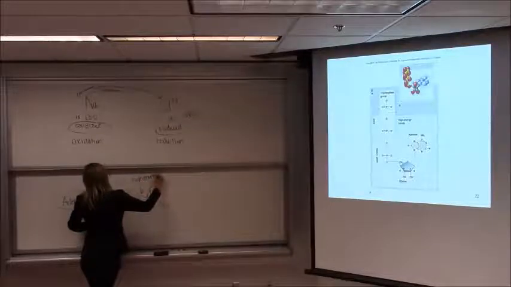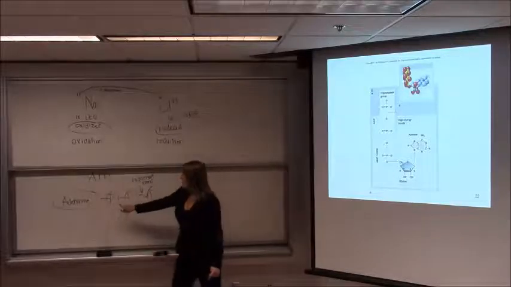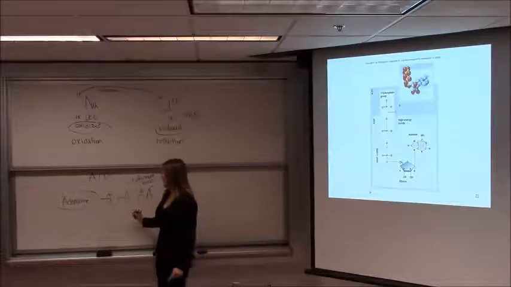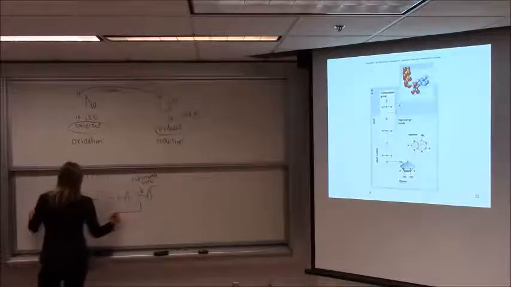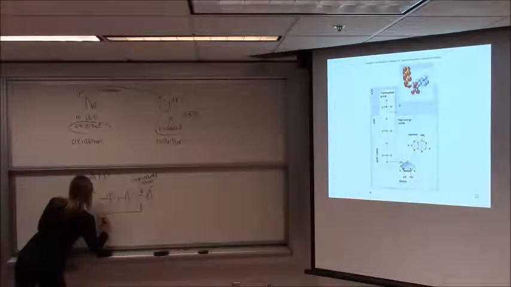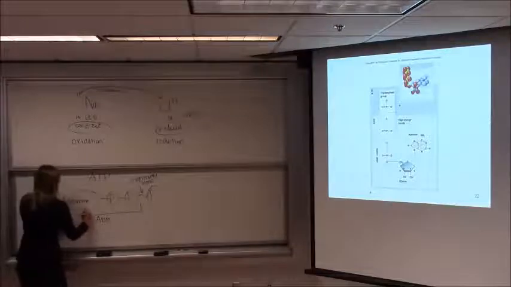It's a covalent bond, but we're going to call it a high energy bond, and that will get explained later. So this would be triphosphate. We also have ADP. The adenosine plus 2 phosphates would be ADP. And we also have AMP, adenosine monophosphate.